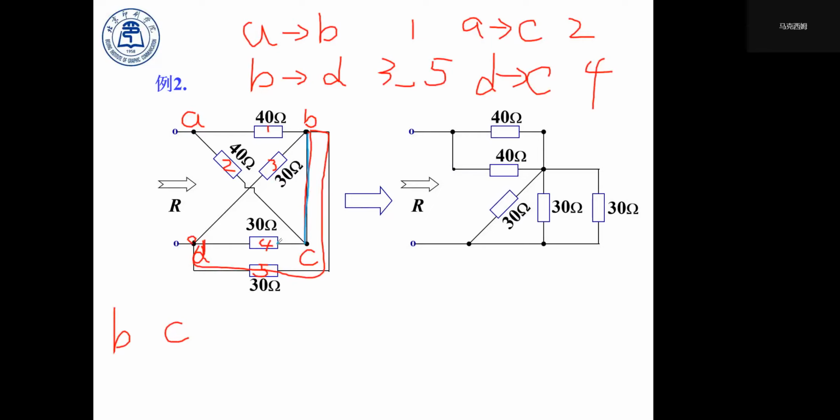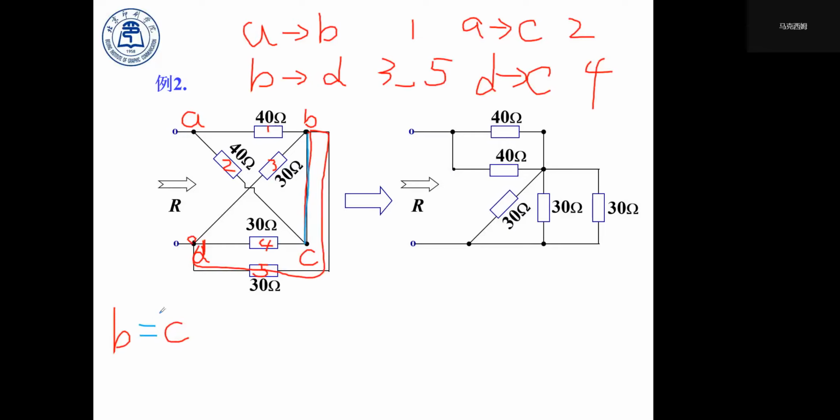Right? So that means B is C. Because if you connect two points by a wire in a circuit, those two points must be the same.